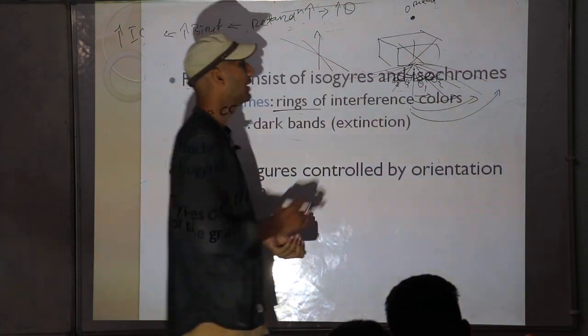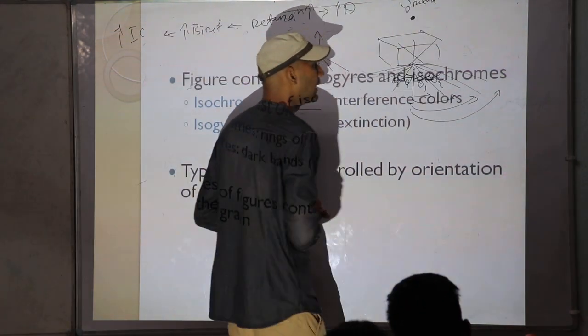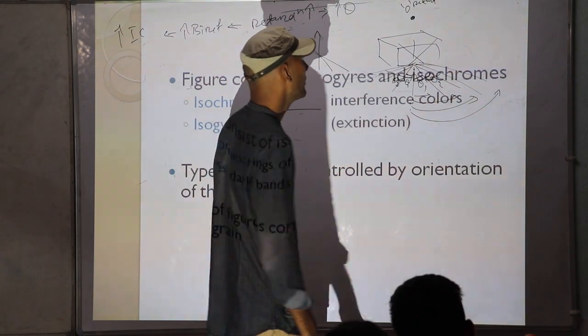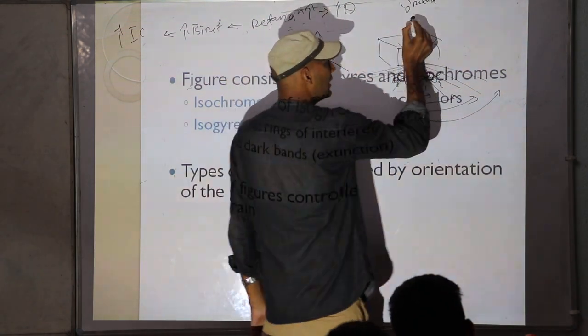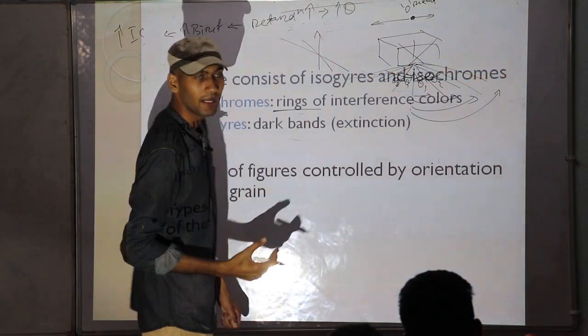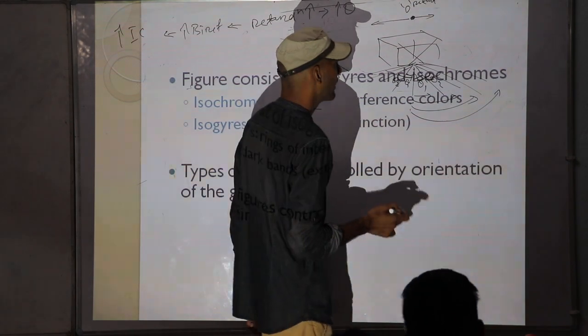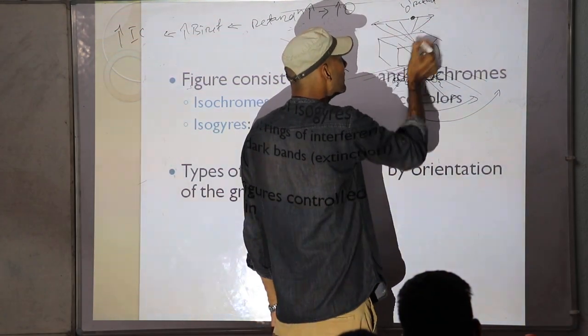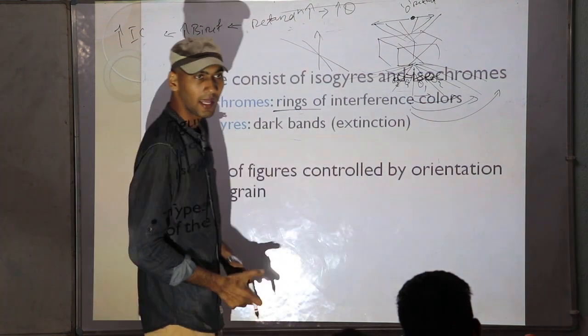If we move away from the optic axis, away from this dark point, the interference color is increasing in order. Why? Because the retardation is increasing with increase in angle.